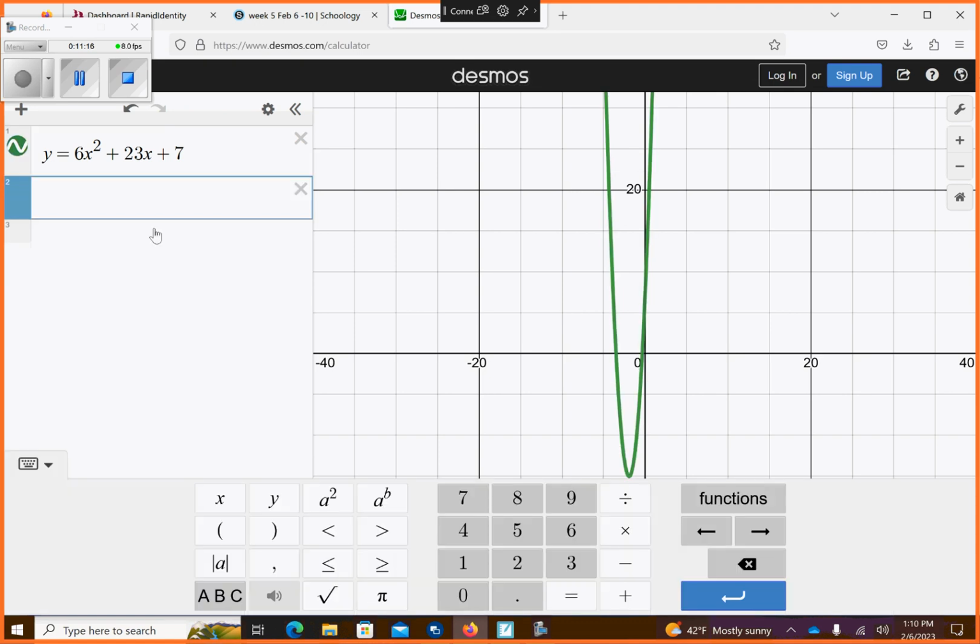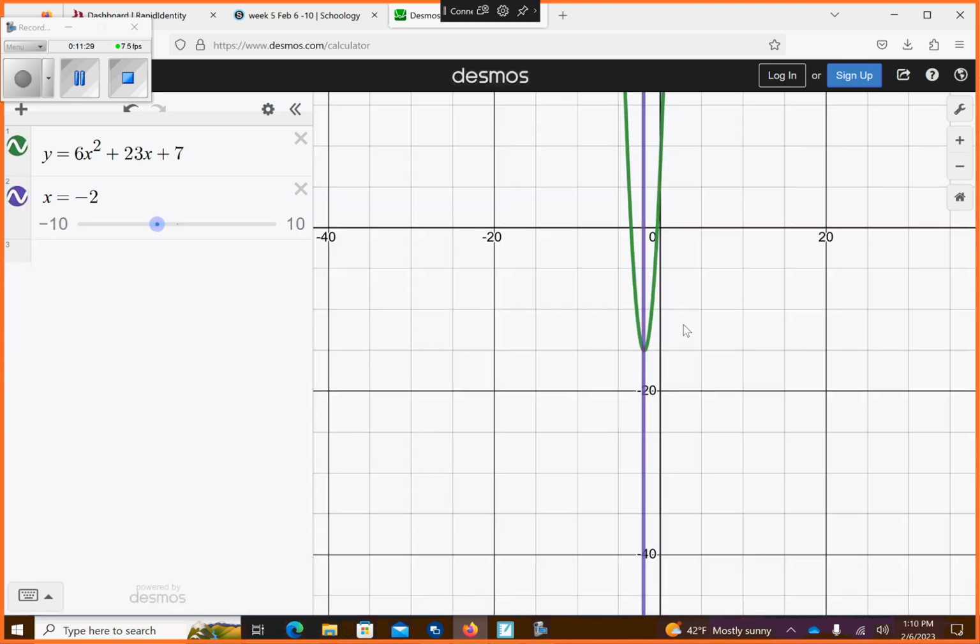So I could do this because I'm replacing x with negative 2. I could go to another equation, say x equals negative 2. And you have to see where this might cross. So at negative 2, my answer is negative 15. Notice I'm only writing the y value for that. So what's taking place in the x direction at negative 2? In the y direction happens to be negative 15. That's how you would do that.